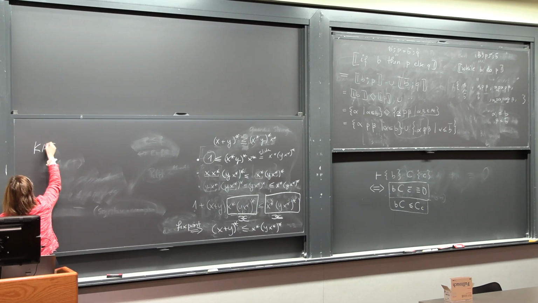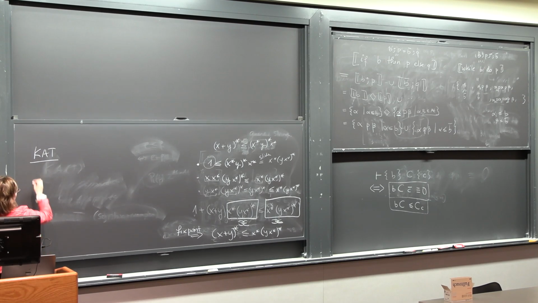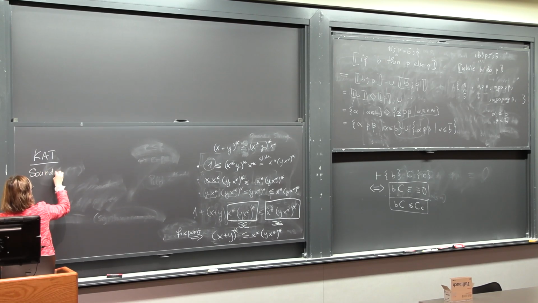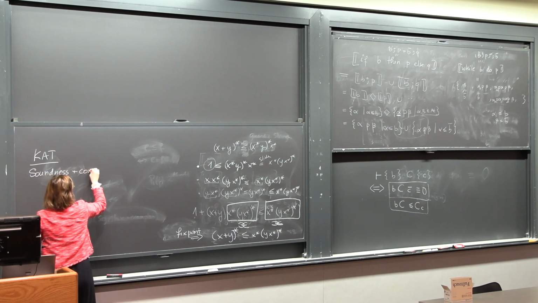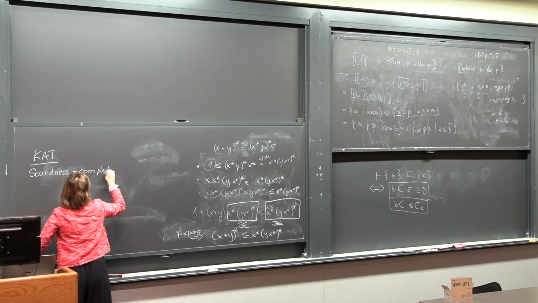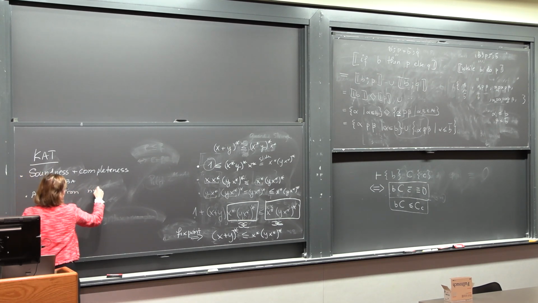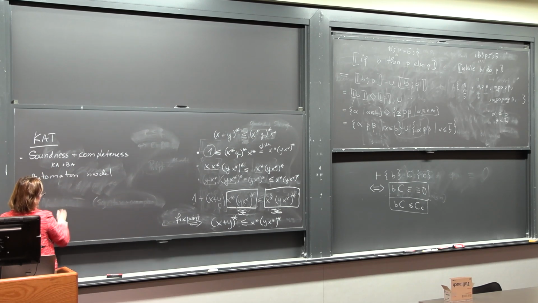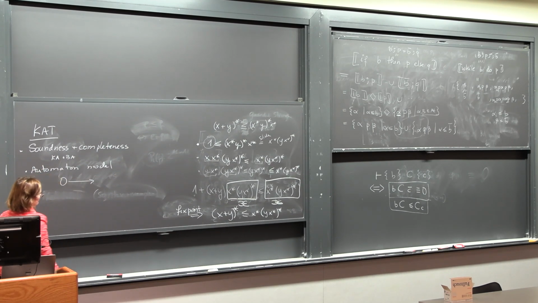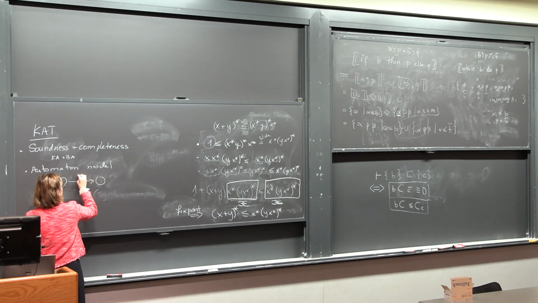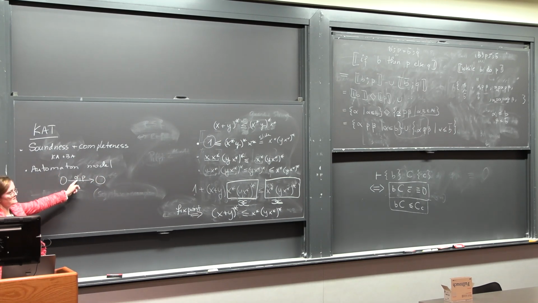So KAT has, again, a soundness and completeness result that tells you that the axioms of Kleene algebra plus Boolean algebra are all you need to decide whether two programs are the same. There's an automaton model, and this automaton model is deterministic, but the transitions are pairs of atom and action.